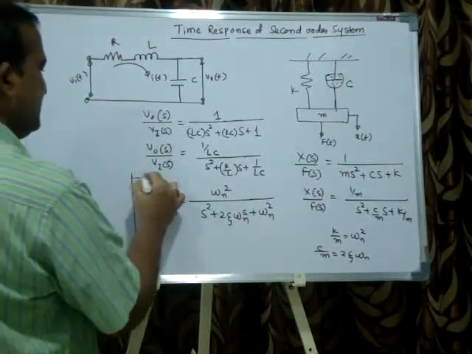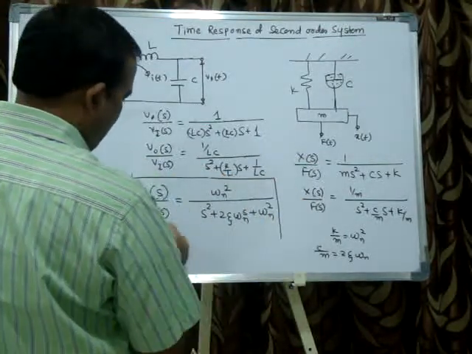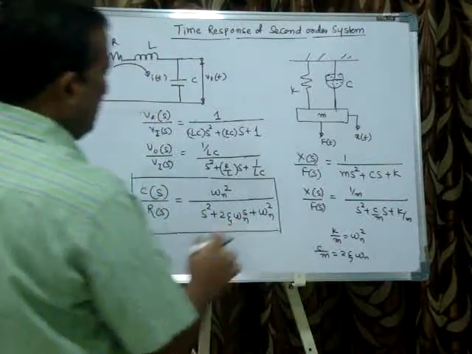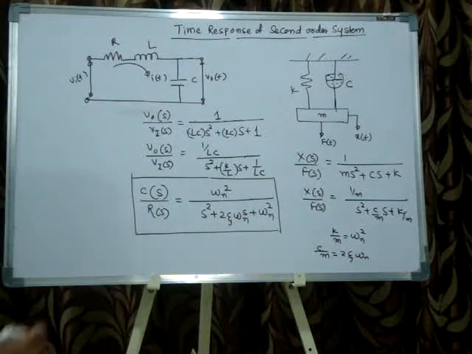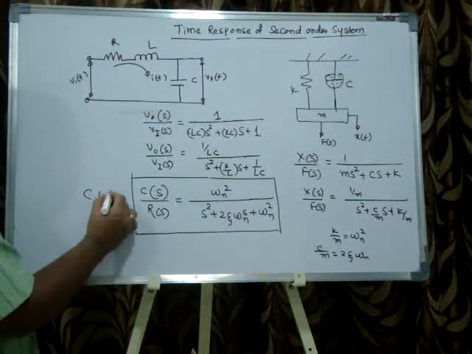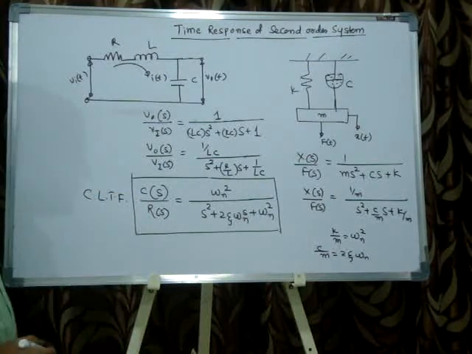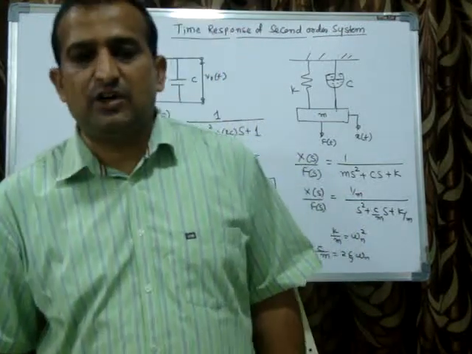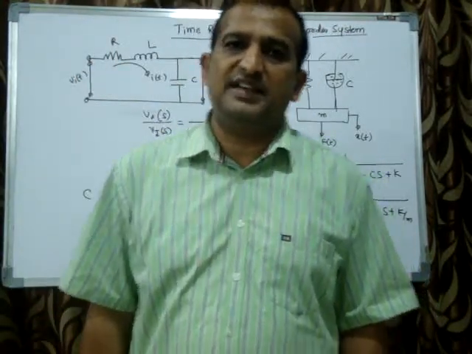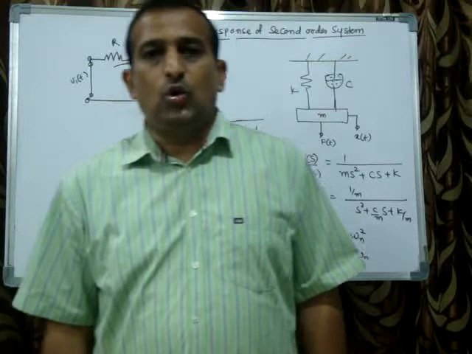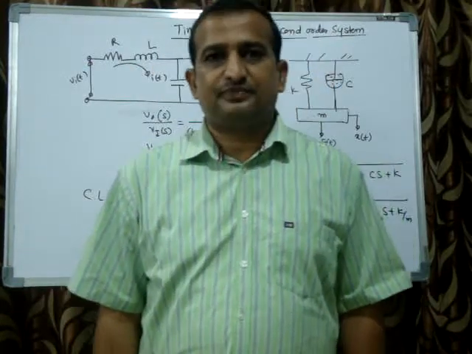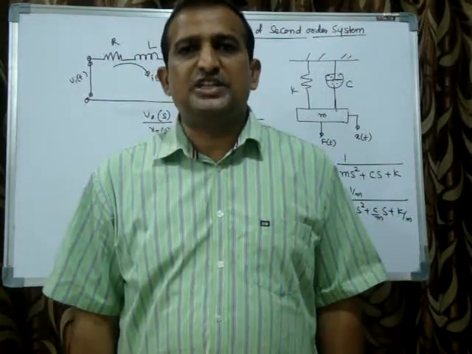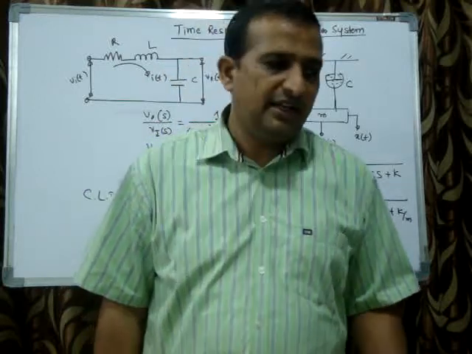It's the generalized or standard form of the closed loop transfer function of a second order system. What is the closed loop transfer function of a second order system? C of S divided by R of S equals omega n square divided by S square plus 2 zeta omega n S plus omega n square.